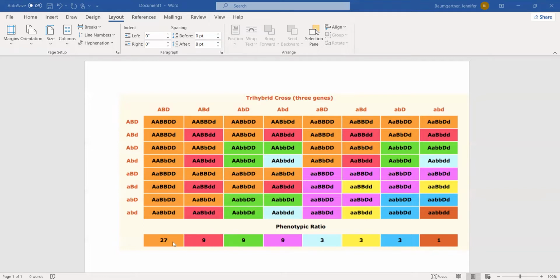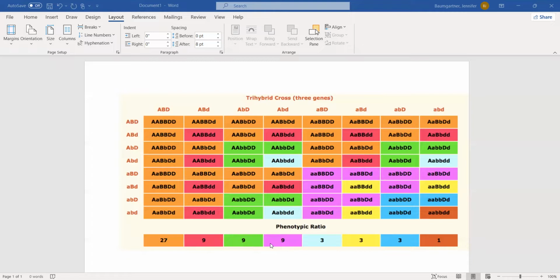Okay, so that's not the total. Out of my total here, 27 would have this phenotype in red. So you see the red? 9 would have that phenotype. 9 would have the green. 9 would have the purple. And you can see it gets a lot more complicated. And if we did a 4 hybrid cross, holy cow, that would be a big Punnett square indeed.